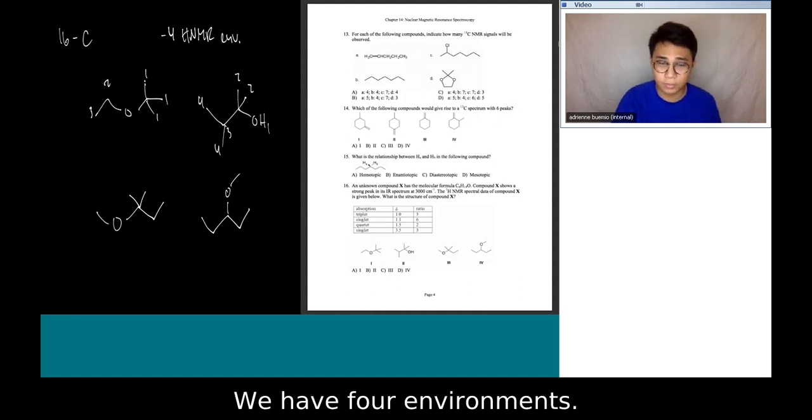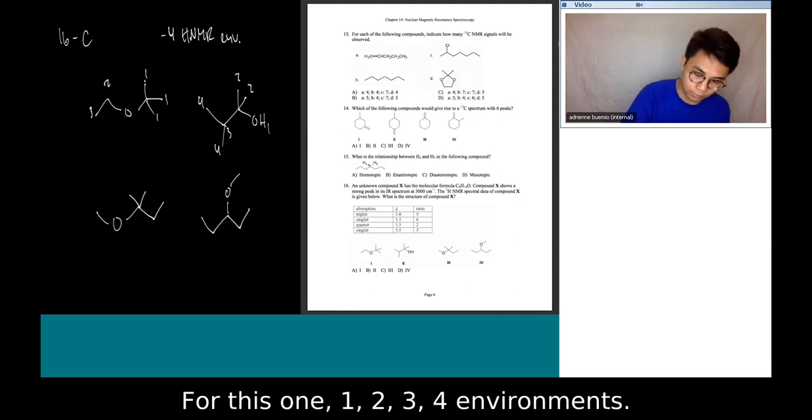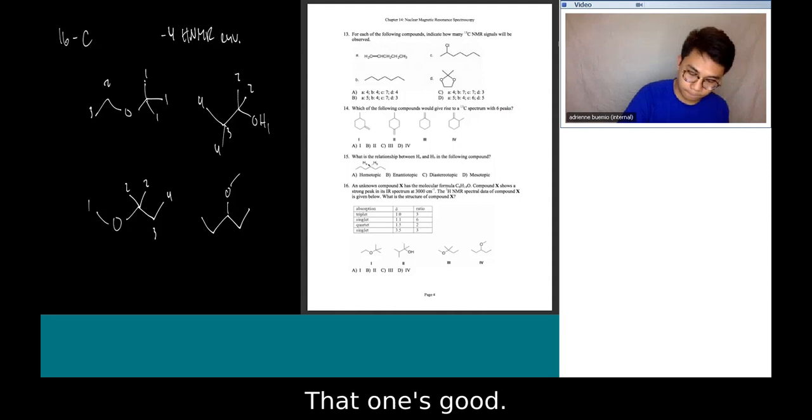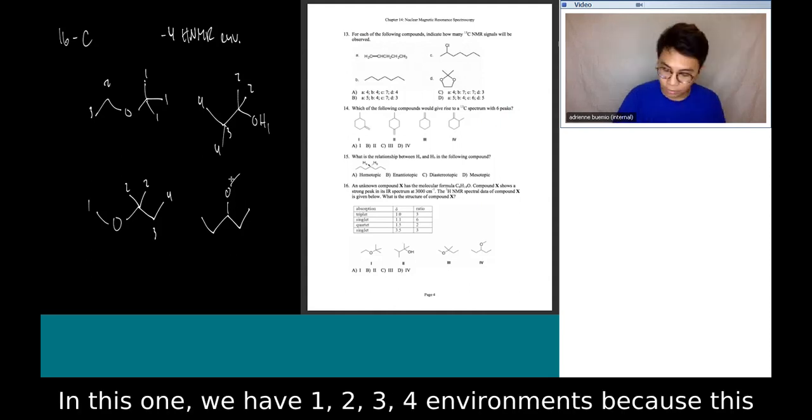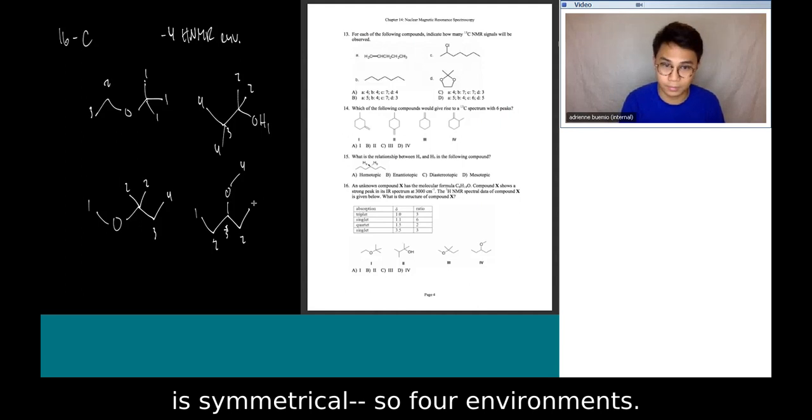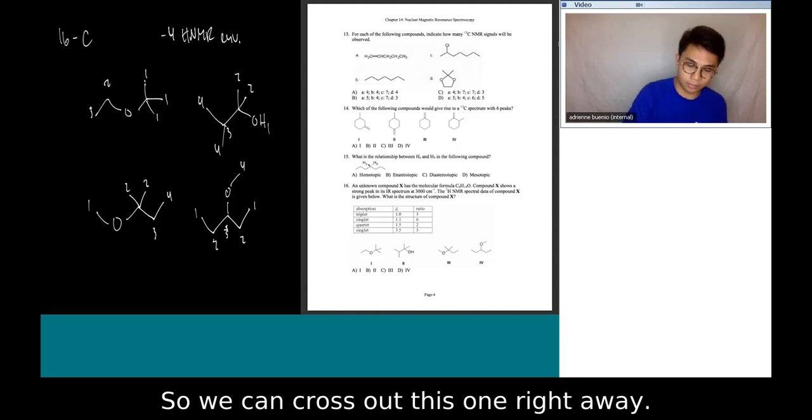So far so good. We have 4 environments. For this one, 1, 2, 3, 4 environments. That one's good. In this one, we have 1, 2, 3, 4 environments because this is symmetrical, right? So 4 environments. So we can cross out this one right away.